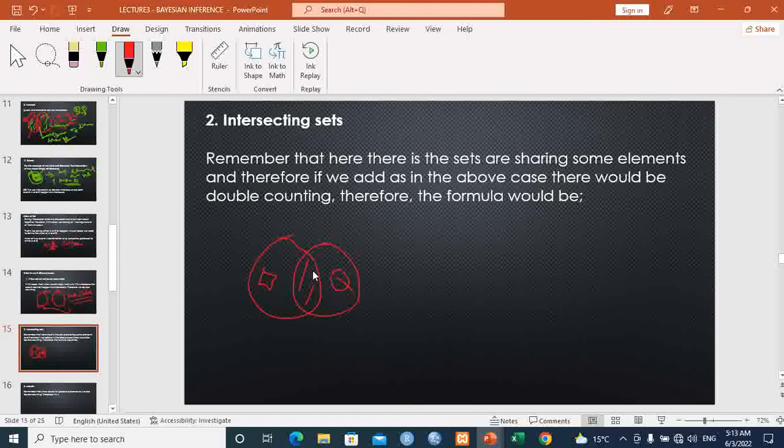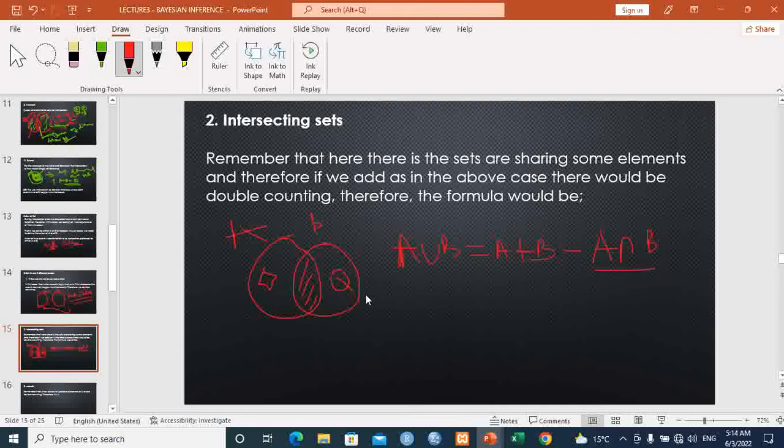We have someone inside here, so the union of, let's say this is A and B, A union B will be equal to A plus B minus A intersection B. Remember when I was introducing, I said we have to avoid double counting.